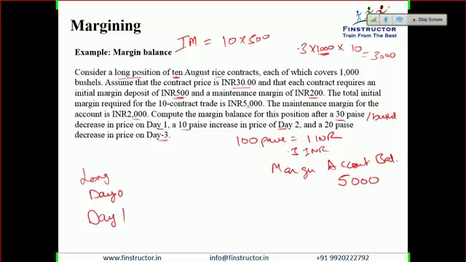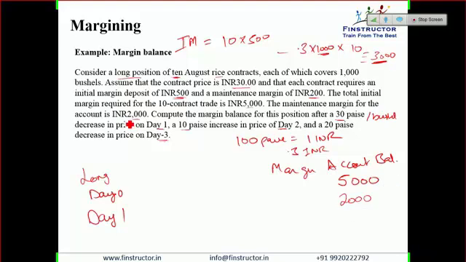So at the end of day 1, the margin balance has gone down to 2000, because there is a loss of 3000. You had 5000, but the loss of 3000 takes the balance down to 2000.